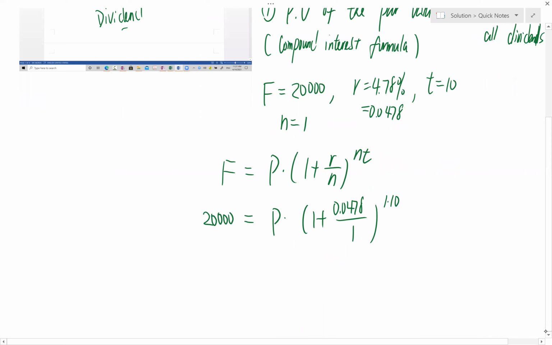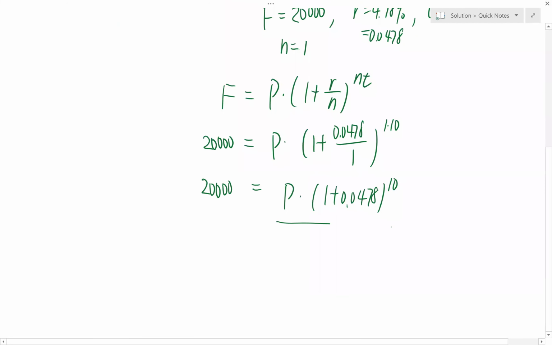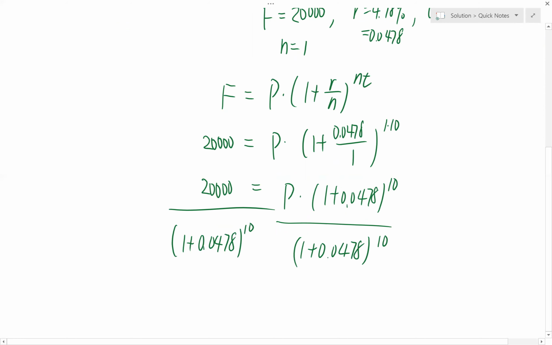All right, so we get 20,000 equals present value times 1 plus 0.0478 raised to the 10th power. Now from there, we're just dividing both sides of the equation by this exponent. Now if you cancel that, present value should be equal to 20,000 divided by this exponent.